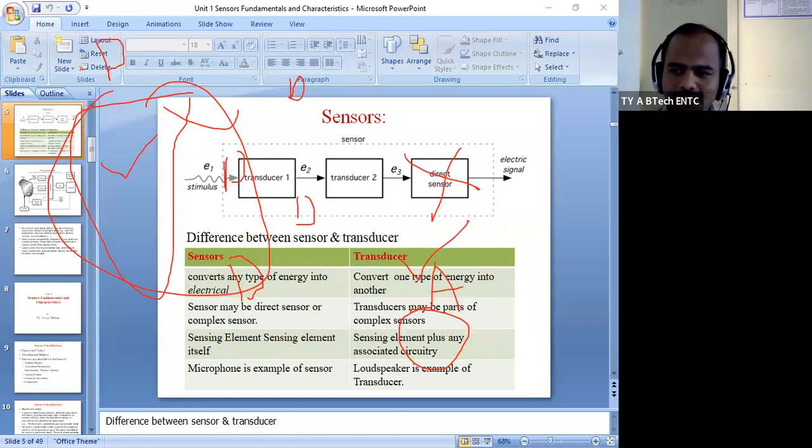So it is necessary to use which one? We need to go for an A to D converter. Okay.